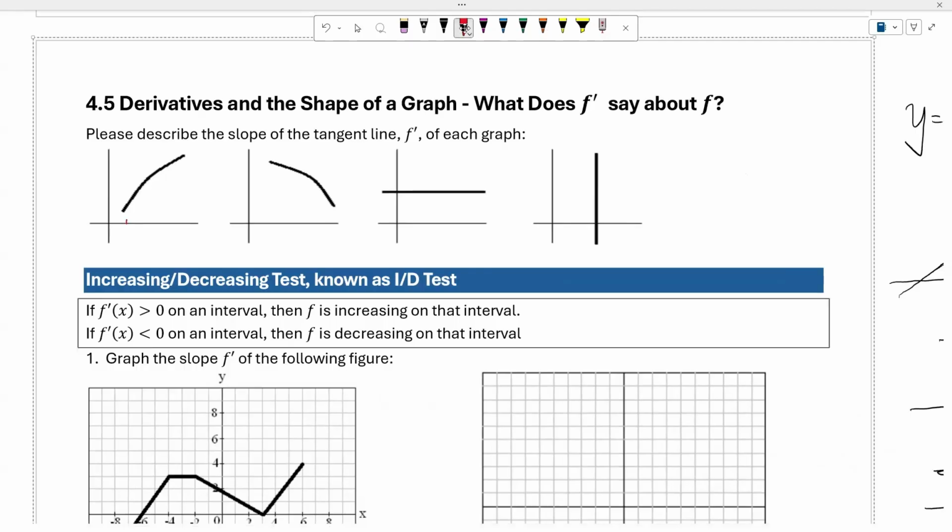If for x1 and x2, with x1 less than x2, the output f of x1 is always less than f of x2, then the function is increasing.